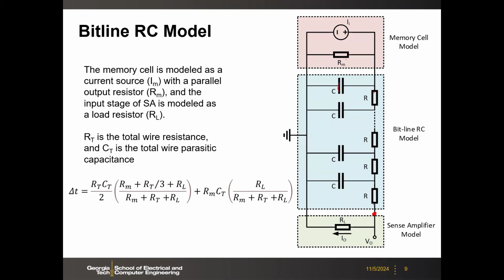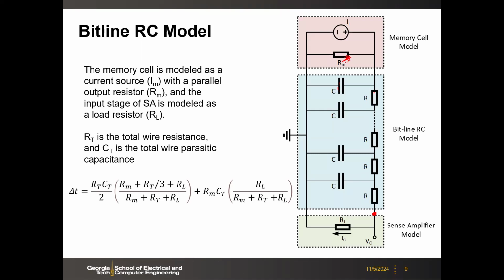Before I talk about that, let me show you this first. Here we have the different notations. Rm is the memory cell resistance. For example, if you are doing a resistive memory like RRAM, then this could be your cell resistance. Or even if you are reading out the SRAM, then the read path has the pass gate and the pull down, and you have the channel resistance there.